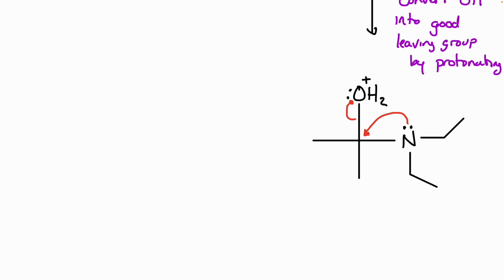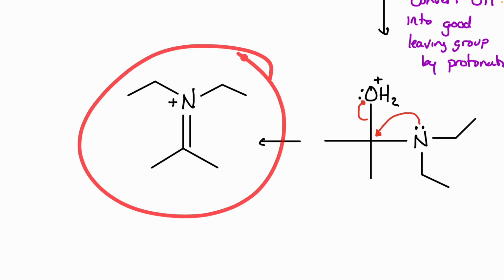And so up until this point, we have exactly what we saw in our previous mechanism with our primary amines. All right, we have this carbon-nitrogen double bond. So here's now where we're at.